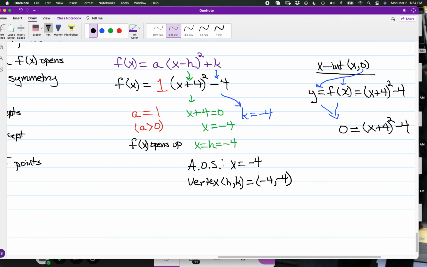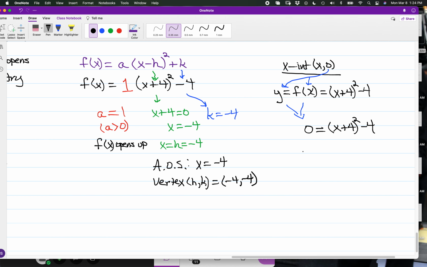So you're setting y to 0 and solving for x, and looking at isolating the x expression. Okay, so isolating the x expression, which is right now the square root of x plus 4.